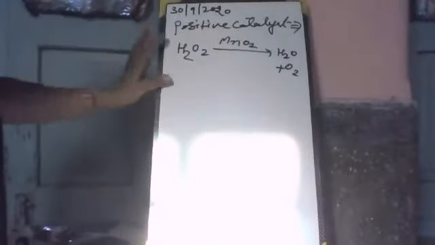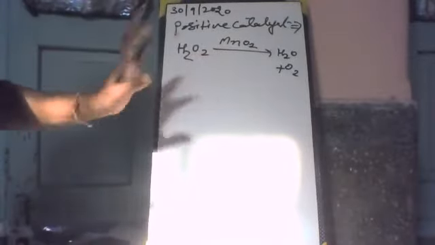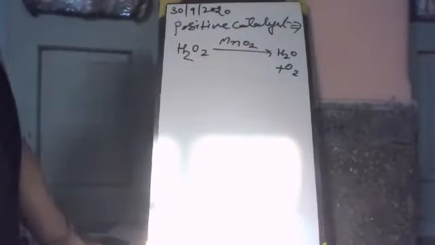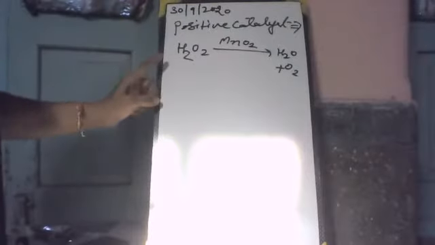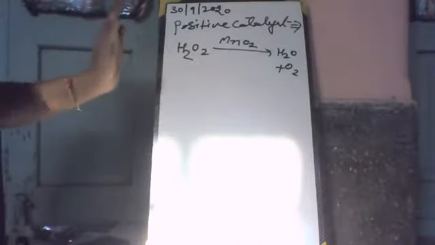It means these are the reactants and these are the products; the reaction is not in balanced form. The rate of decomposition of hydrogen peroxide increases in the presence of manganese dioxide. In its absence, the reaction takes place slowly.